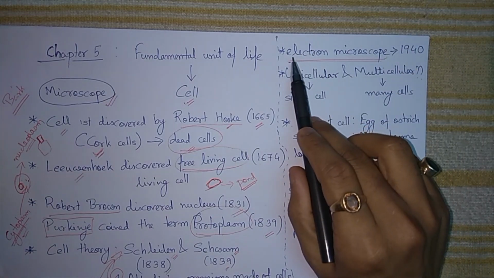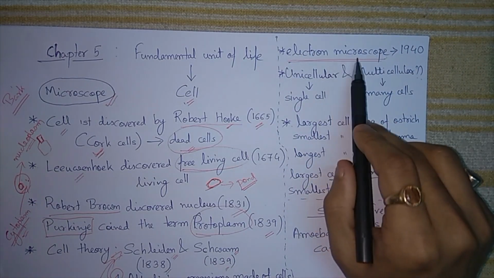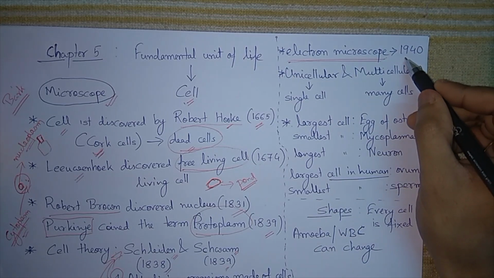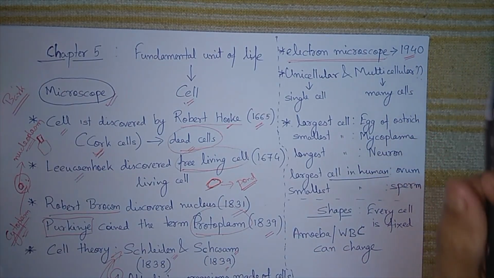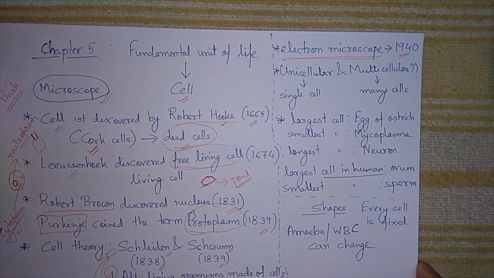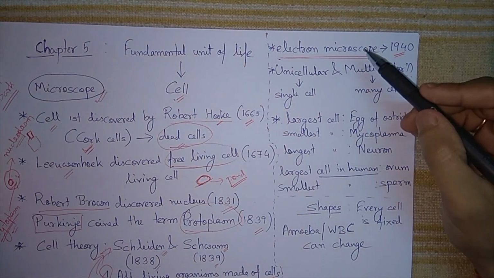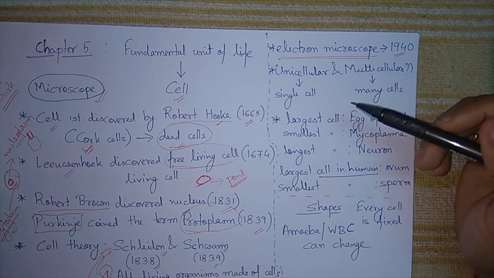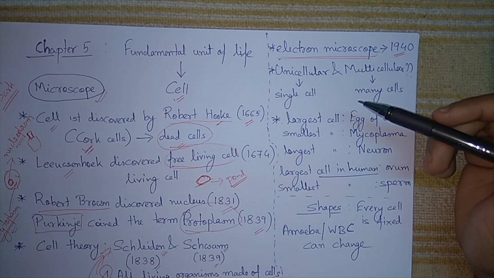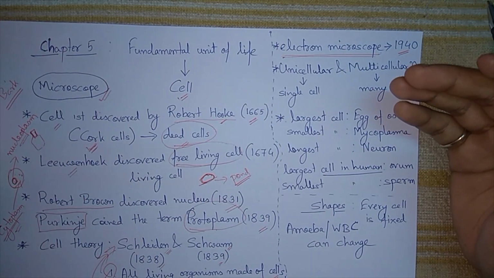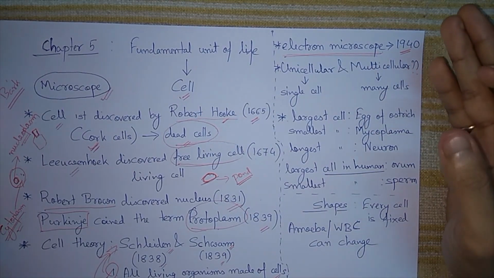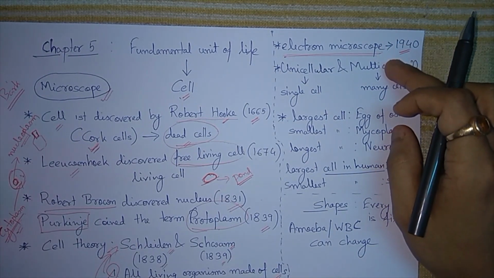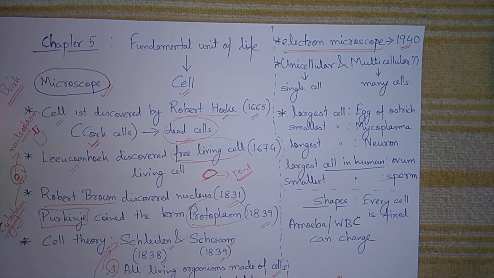For now, you should know the name electron microscope, which was designed in the year 1940. So it is the latest microscope. With the help of this microscope only, you can see the coronavirus, the trending virus now.